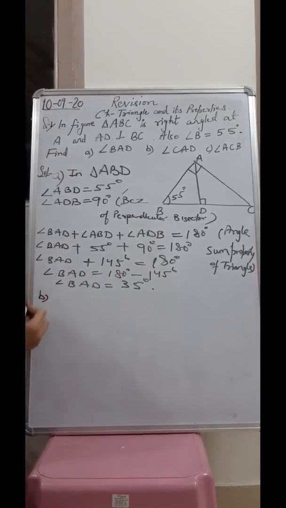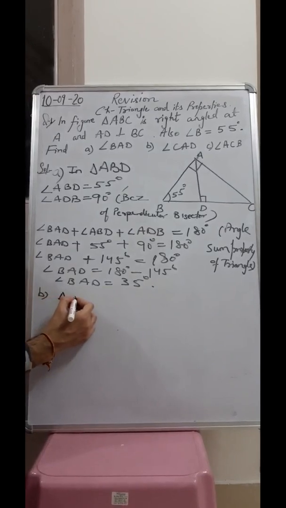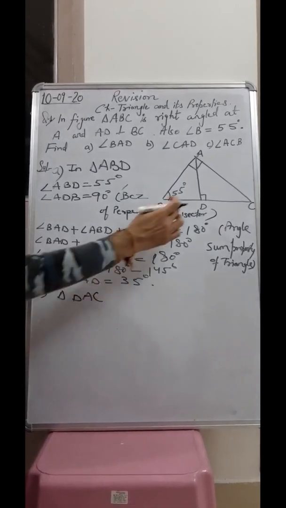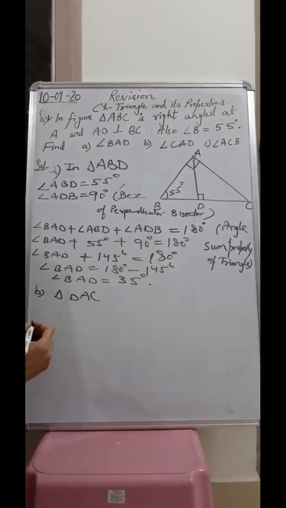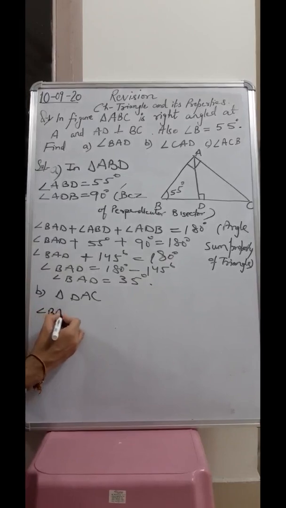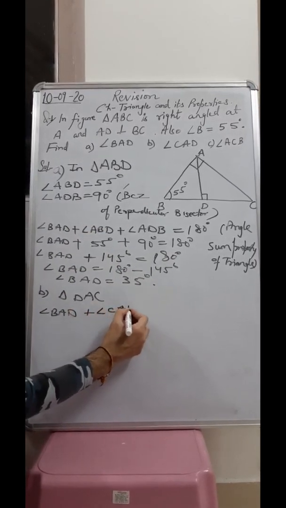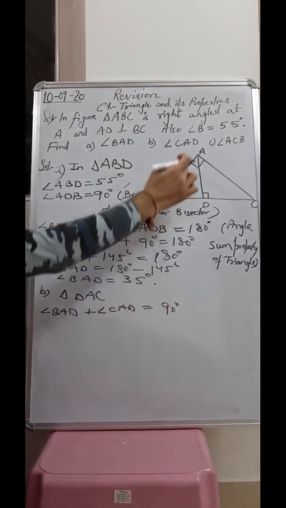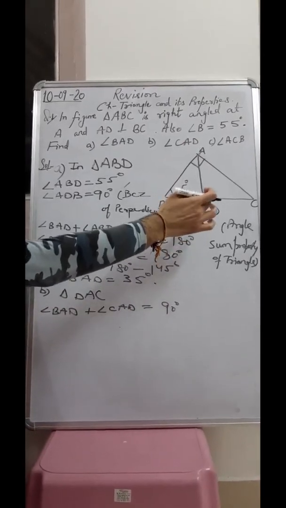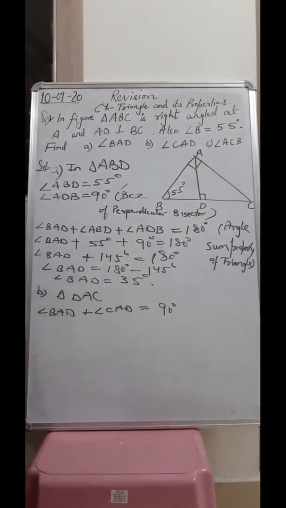Now the B part. In B part we are going to take triangle DAC. In triangle DAC we can see that angle BAD plus angle CAD will be equal to 90 degree, because this whole angle is of 90 degree.